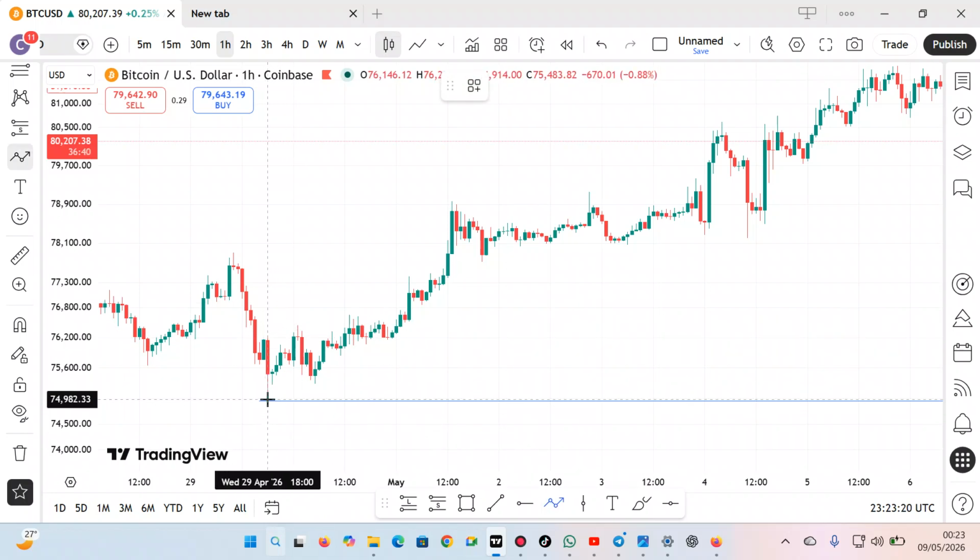This is the movement. The market has gotten to this particular zone. It went up, and when it went up to this level, it took out this previous high here.